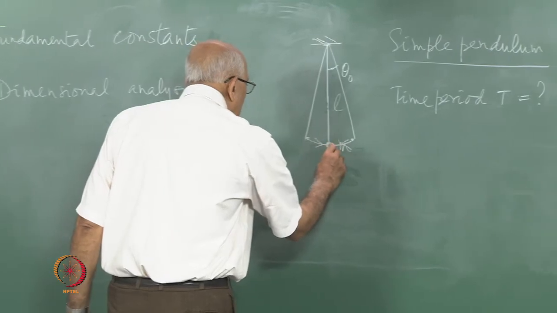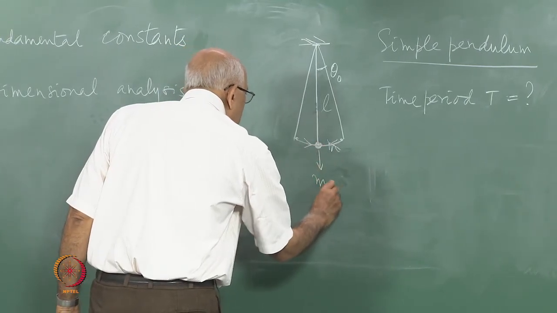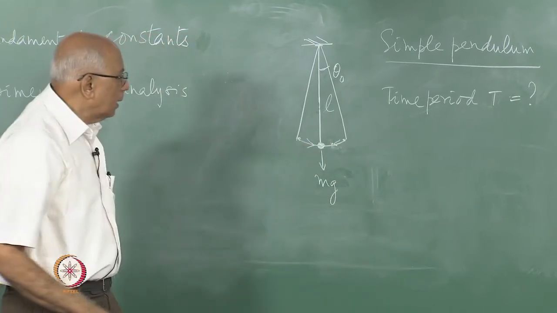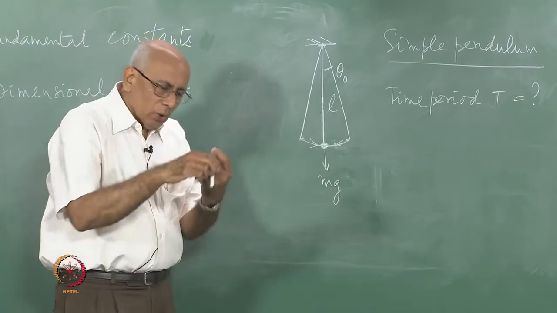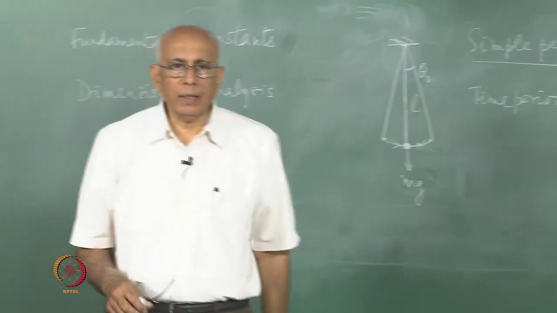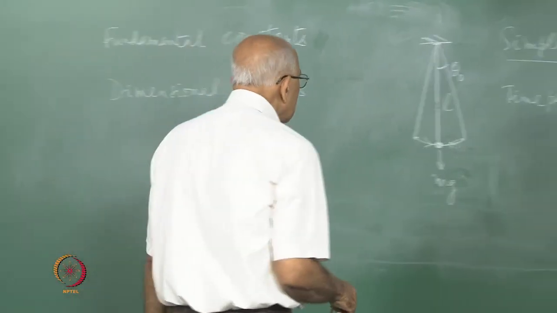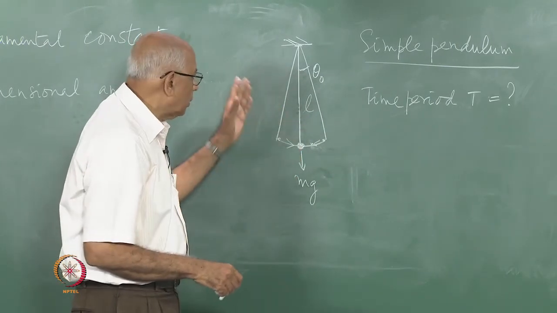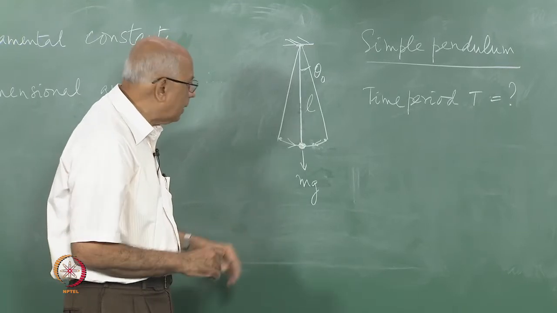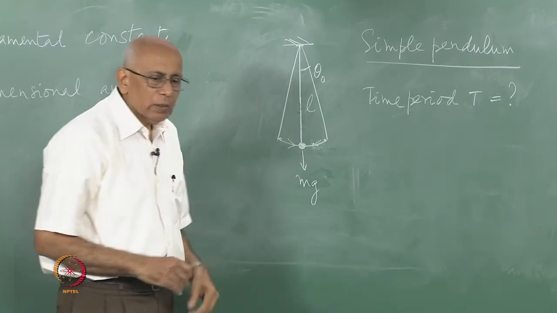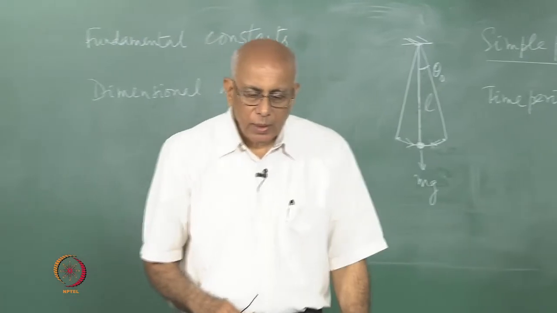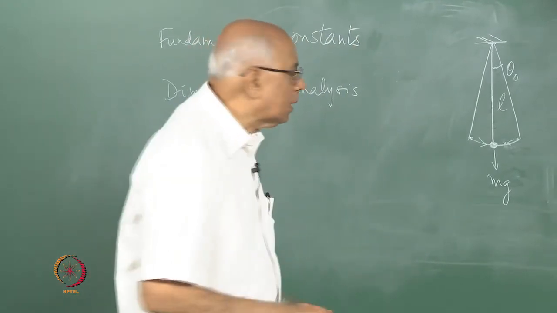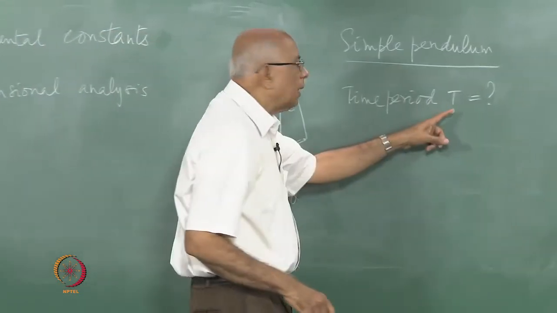Now the force on this bob is due to gravity, and it is a downward force mg out here, and at any instant in its motion there is always the constant force of gravity acting downwards. There is also a tension in this, it is a rigid rod, so we are not going to be interested in that because the rod does not extend, and this mg is the force which we have to write down when I want to write down the equations of motion. But I do not want to do that.